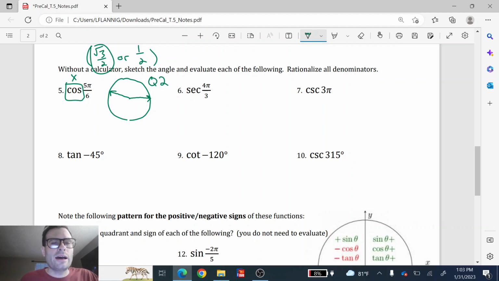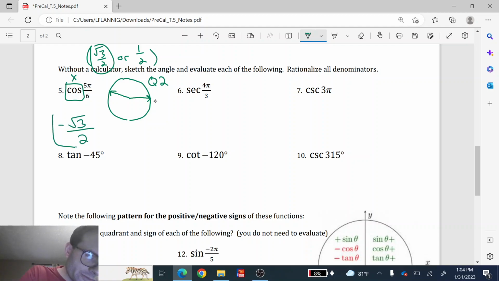And when you have sine, you think of the y. For cosine, thinking of your x, we know it's negative because it's in quadrant 2, so we know negative root 3 over 2. If this was the sine, it would just be 1/2.